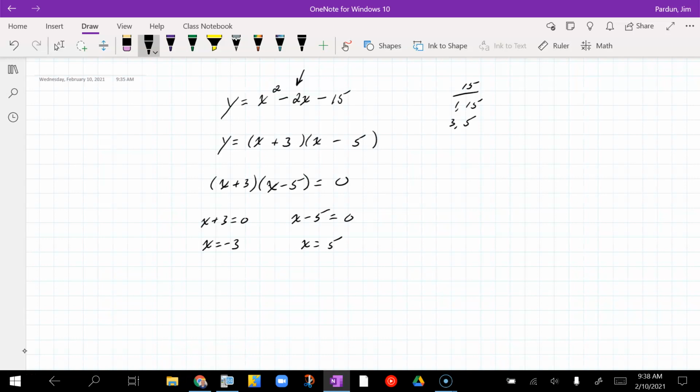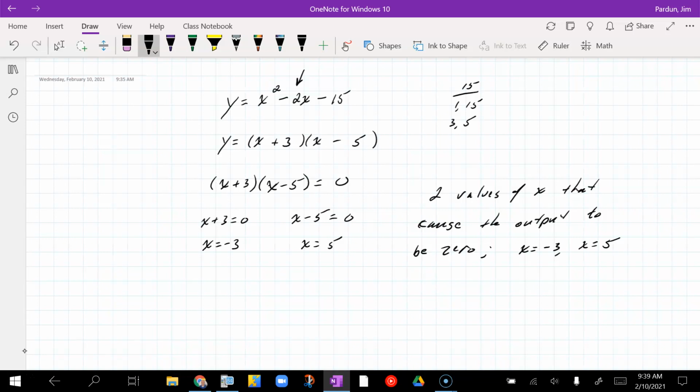In other words, there are two values of x that cause the output to be 0. And those two values are going to be x equals negative 3 and x equals 5.